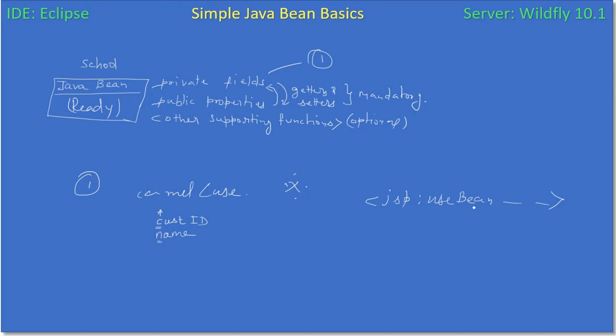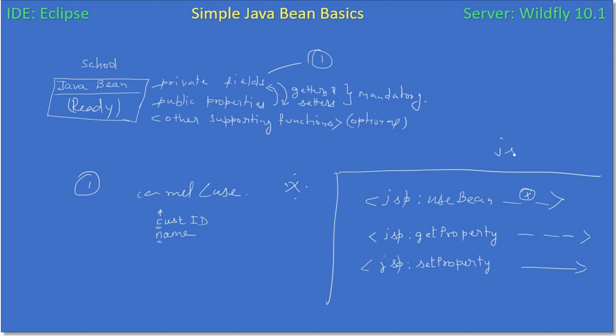Once the bean is used, you specify some ID, let's say x, and then you can make use of that bean using two other tags, jsp:getProperty, which we will also see in more detail, and jsp:setProperty.